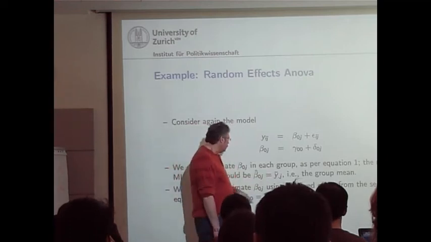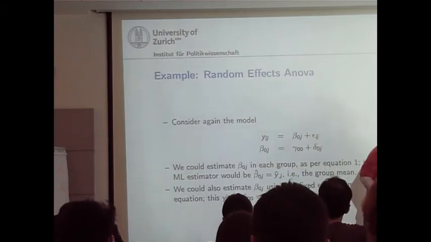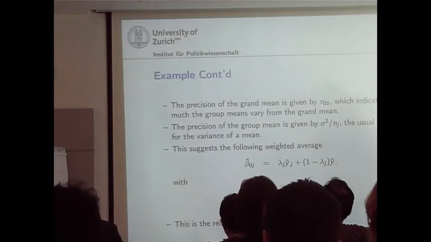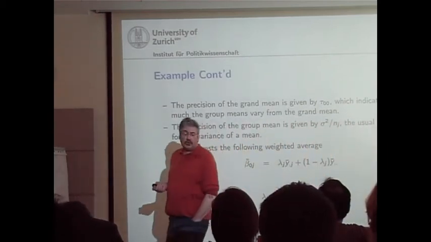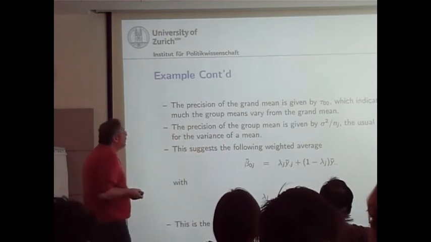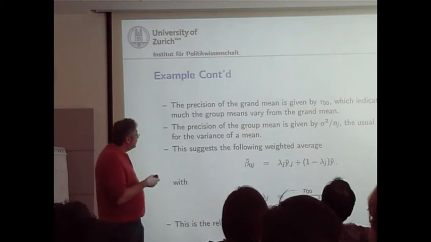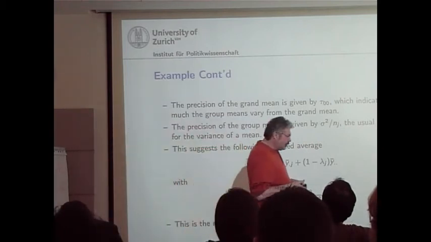So now we want to combine these two estimators. Well, how will we do that? We take their precision into account. And the precision of the grand mean is given by tau 0, which basically tells us how much the group means differ from each other. Because imagine that tau 0 is 0.